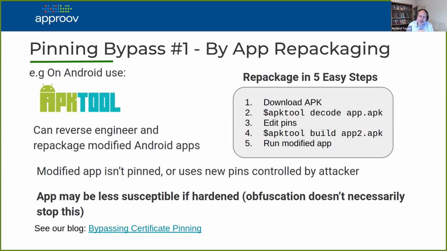You can change that configuration, or if the pinning is implemented inside the code, then you can change the code, and then rebuild the app and run the modified version, and you can change the pins or remove the pins. So how susceptible your app is to that depends on how hardened it is. And you can't just assume that because you've obfuscated your app, it will necessarily be protected against that.